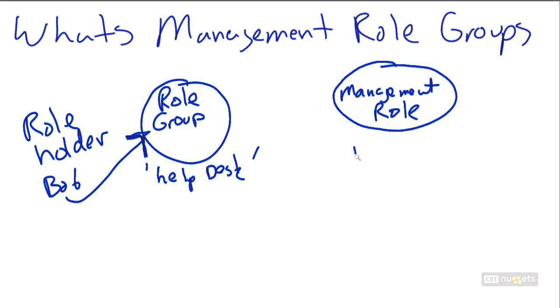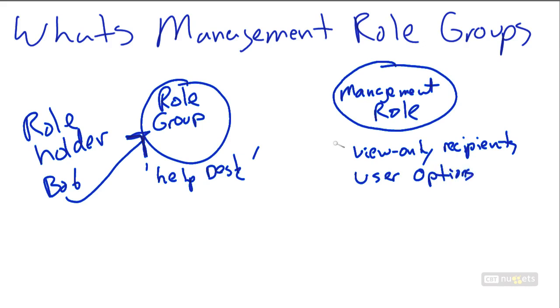They need to be able to view only recipient information. So recipients might be one thing that they need to do. Another thing that they may have is some additional user options that they can work with. So let me just write these down here, user options. These are names that we're making for this. These are the names of the management roles that we're going to create.